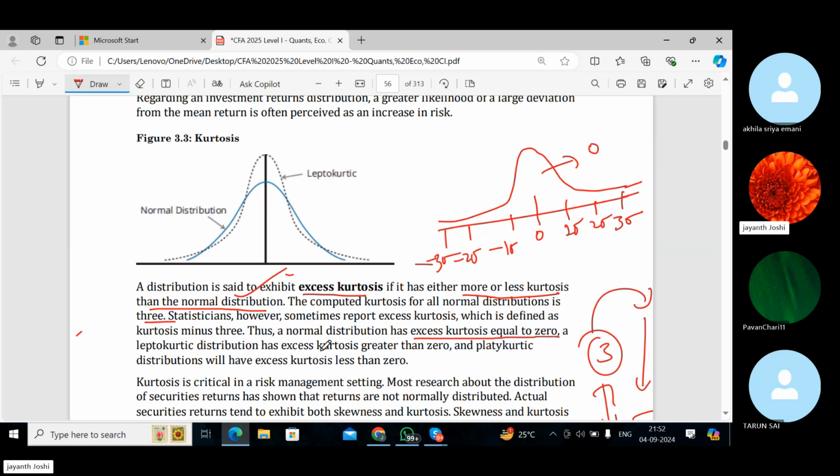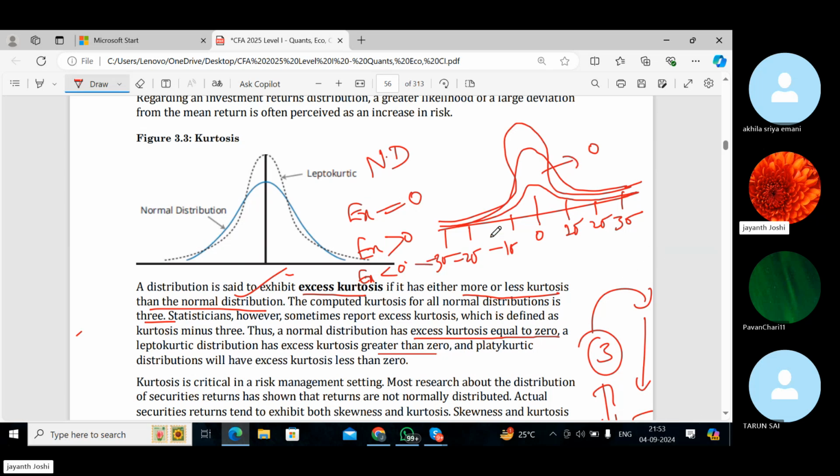A leptokurtic distribution has excess kurtosis greater than 0, because leptokurtic goes peaked up, bulging out of the normal distribution curve. For platykurtic, it is inside the normal distribution curve, so the excess kurtosis is less than 0.